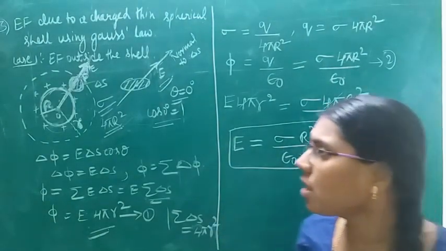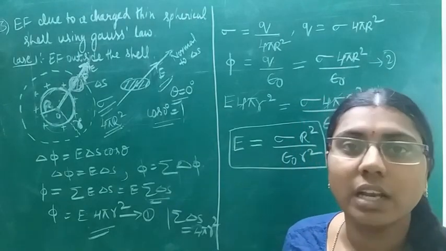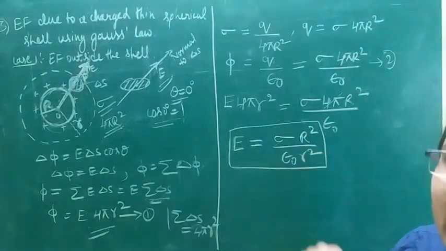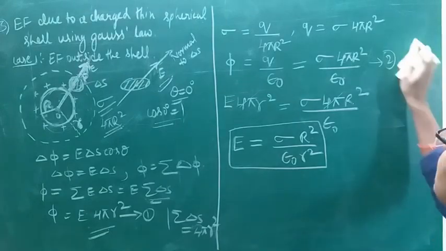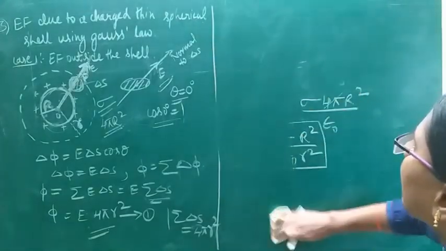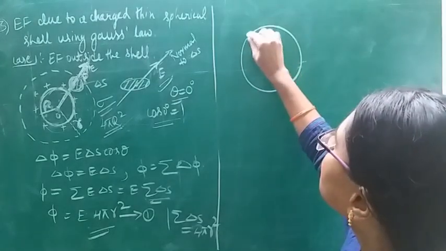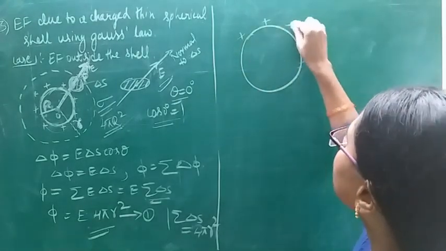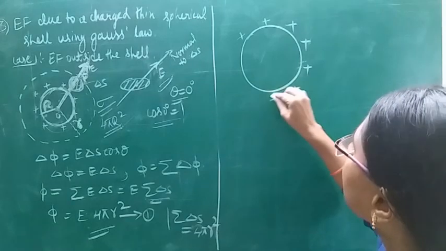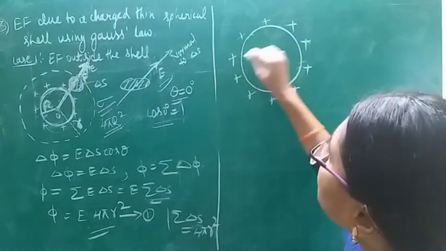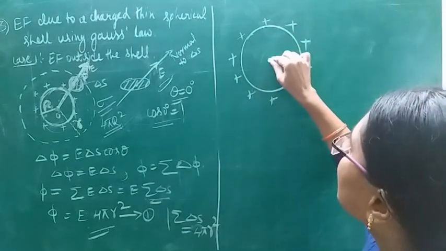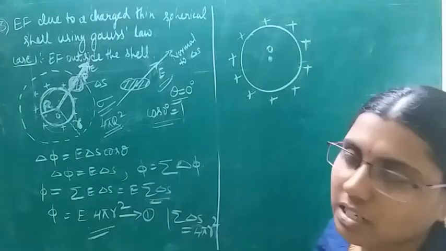Okay. Now, what is the electric field at any point inside the spherical shell? For that, let us consider again the same spherical shell. Here, I have considered the spherical shell which has a surface charge density sigma and it is positively charged, and O is the center of the spherical shell.